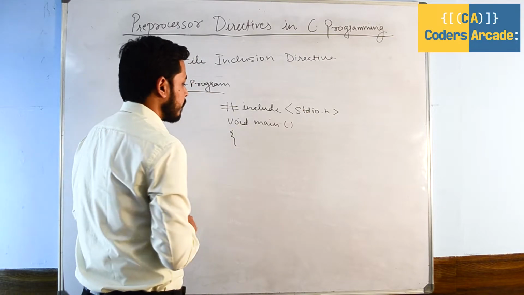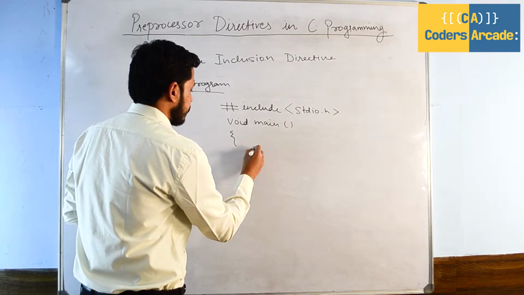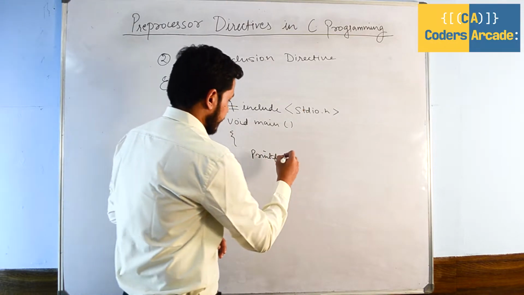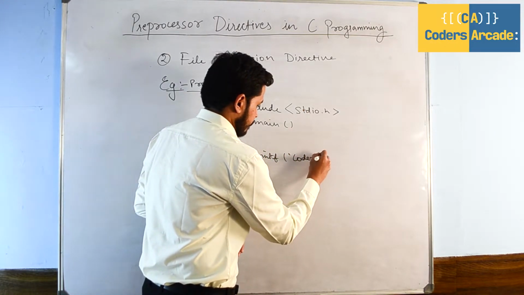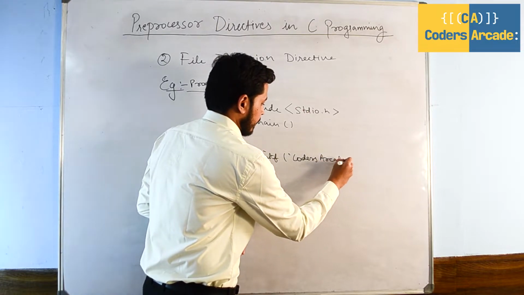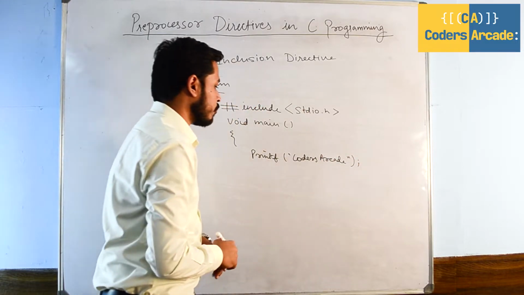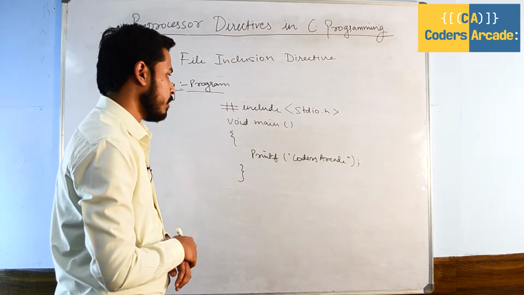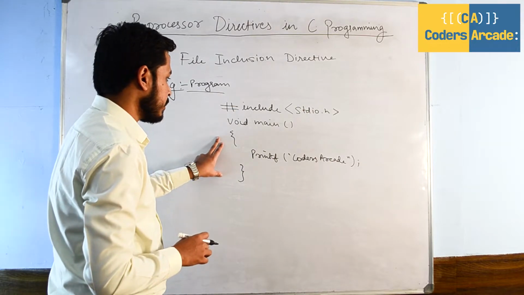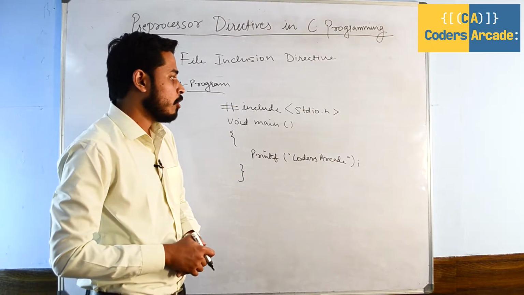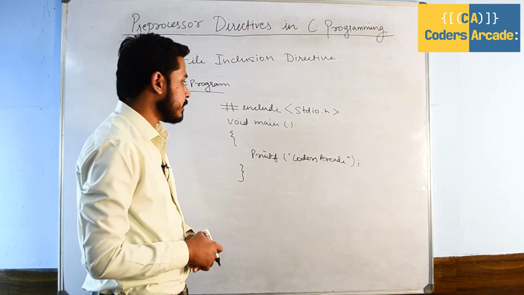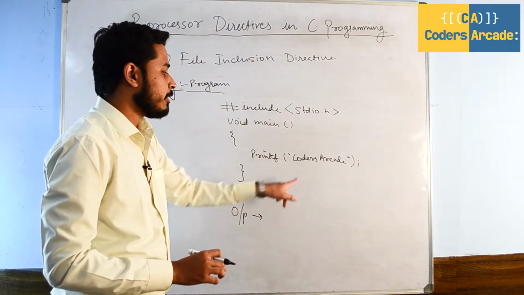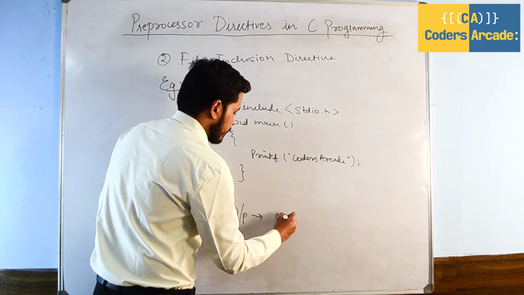And inside my main function, I will just printf, let's say codersarcade. We are going to print codersarcade in our print statement, and then we'll close our main function and we completed this program. So can you tell me what is the output for this? Output will be codersarcade.